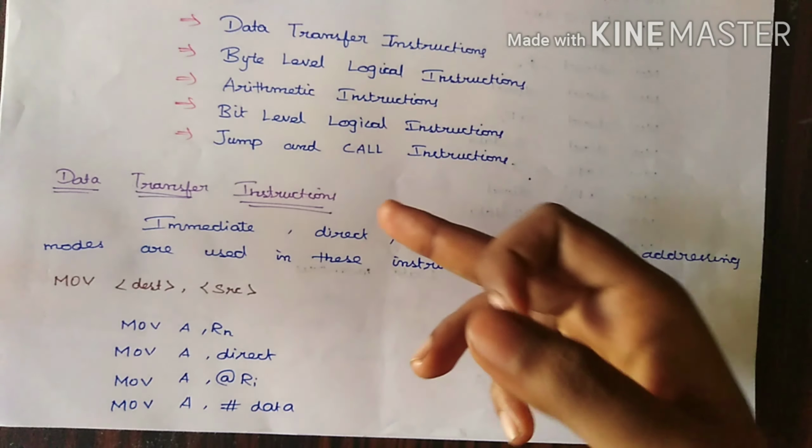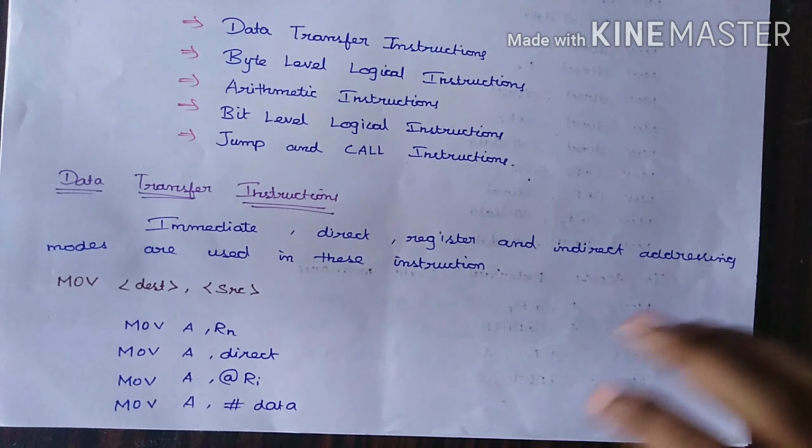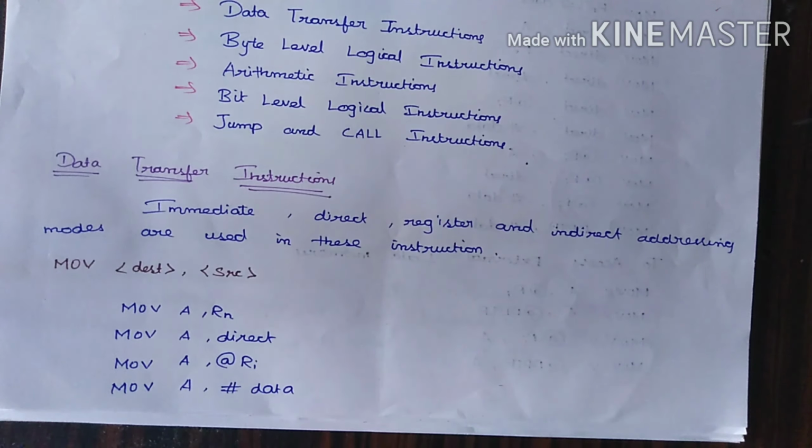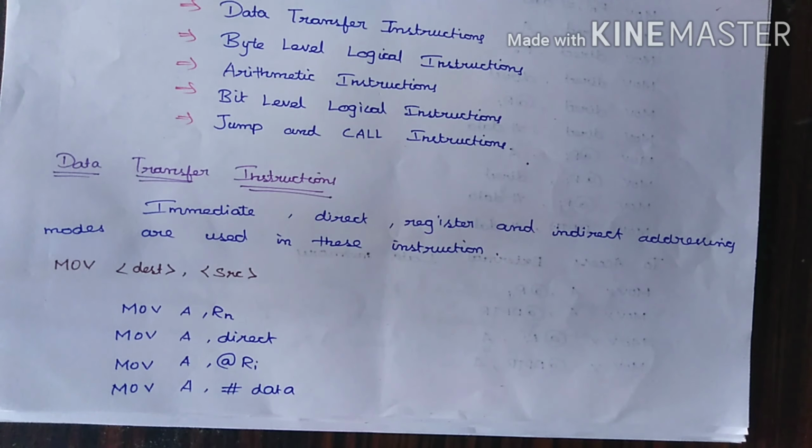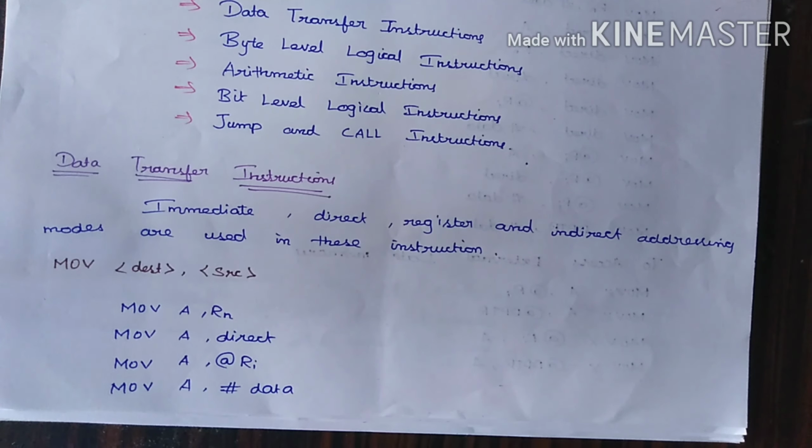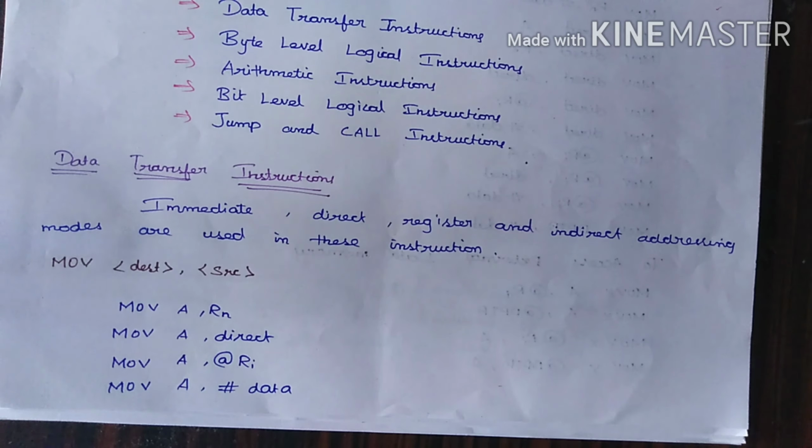Now coming to the data transfer instructions, these are used to copy or exchange data from one memory location to another. These instructions use immediate, direct, register and indirect addressing modes. They also use indexed addressing modes and implied addressing modes.